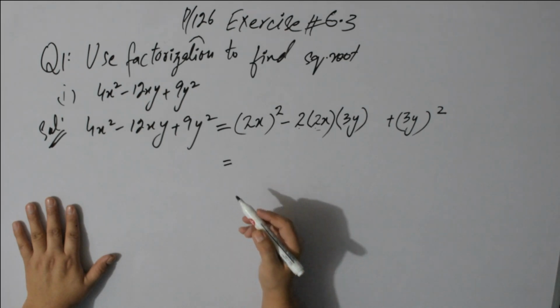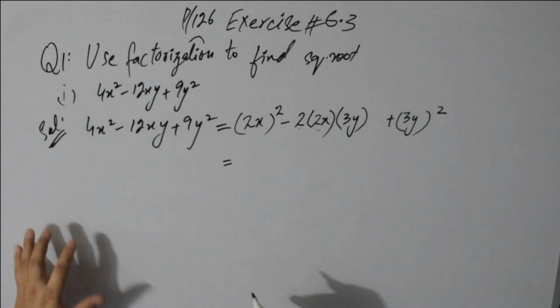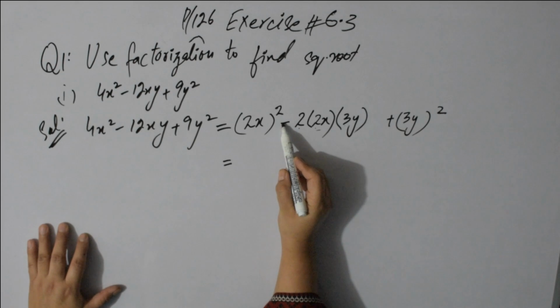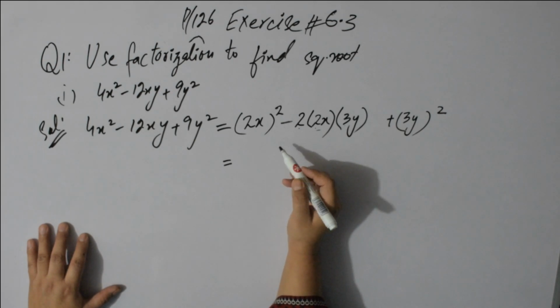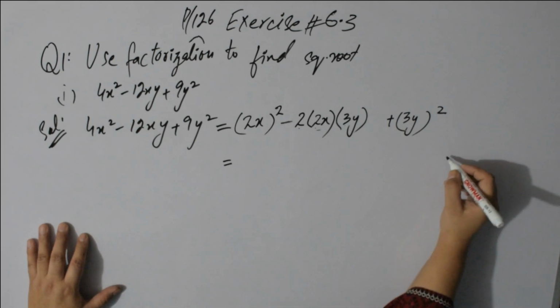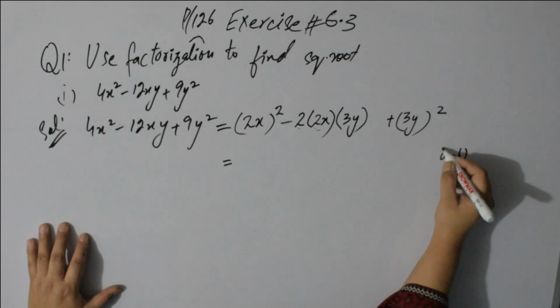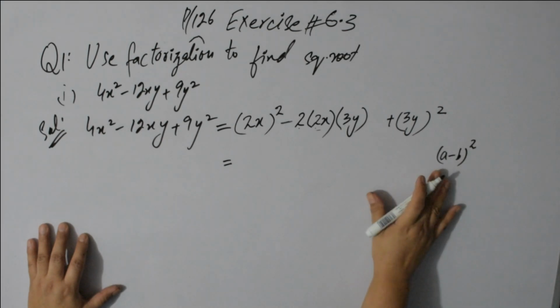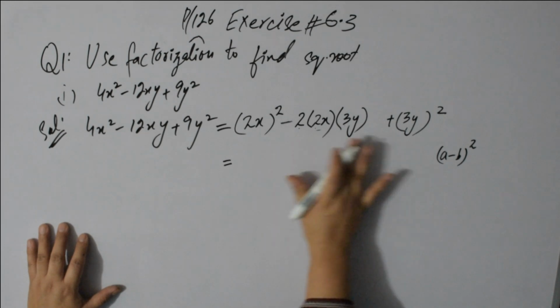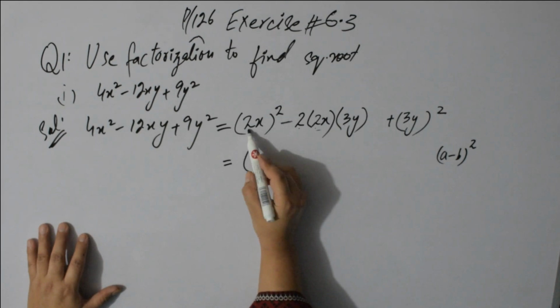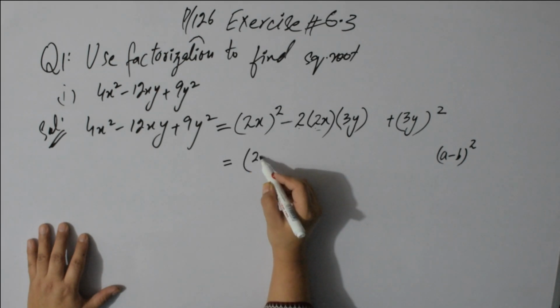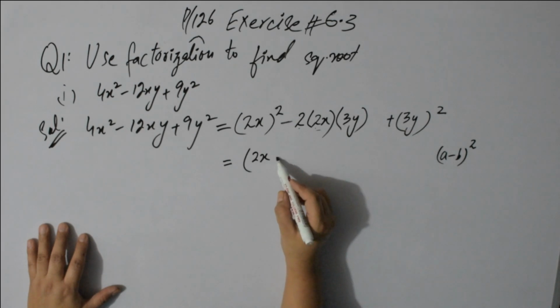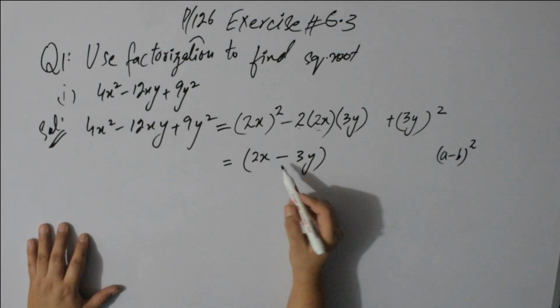Simply close the formula. Which formula will you close? A minus sign is present, so you will apply the formula a minus b whole square. I am writing this in this form. What is my a? This 2x. 2x is a, this is b. And why did I put a negative sign?